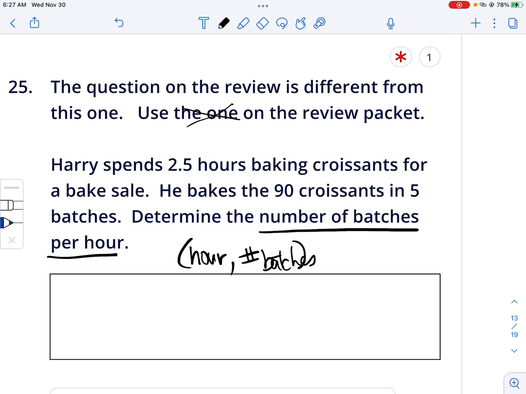So it says he spent 2.5 hours. And he did 5 batches. Well, some of you are like, well, I don't know. How do you do that? Well, at 0 hours, didn't he make 0 batches? So now there are 2 points.